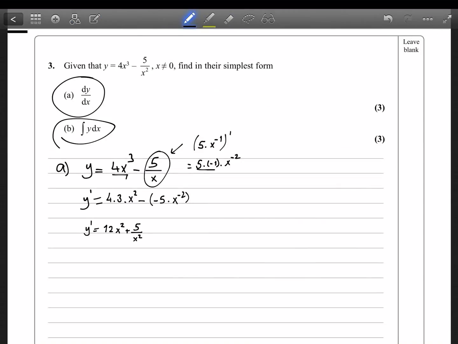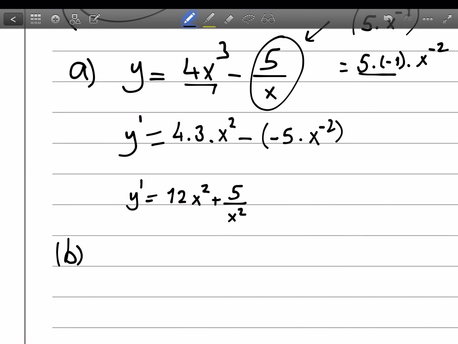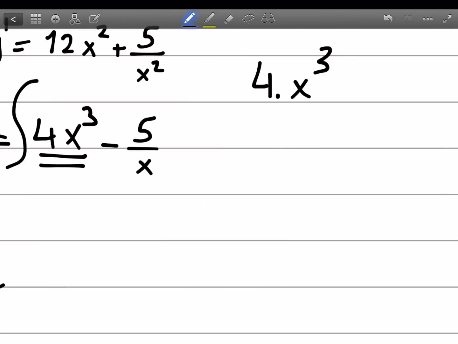And part B says take the integral of y. That's also really easy. We can write it again. y is equal to 4 times x cubed minus 5 over x. We take the integral of both sides. The integral of y will be what? How can we take the integral of 4 times x cubed? We have a rule.